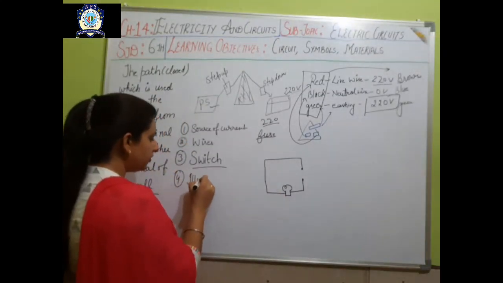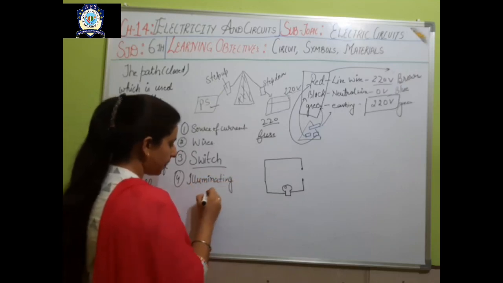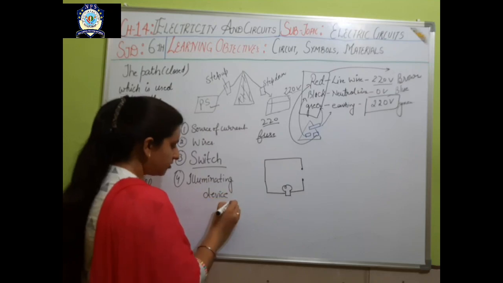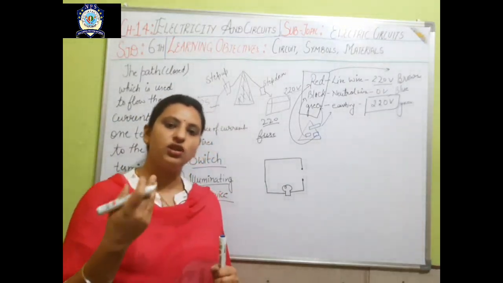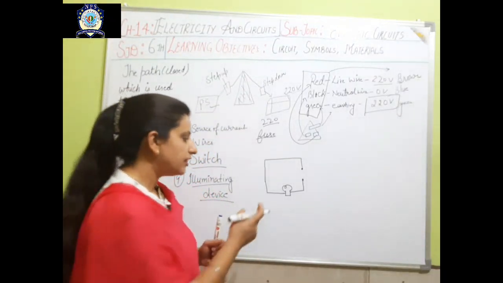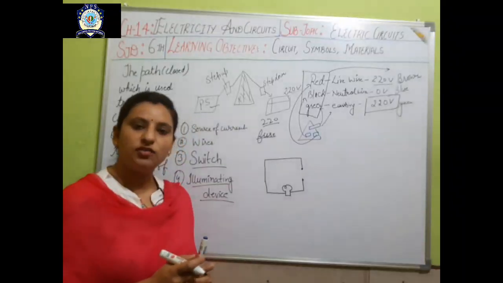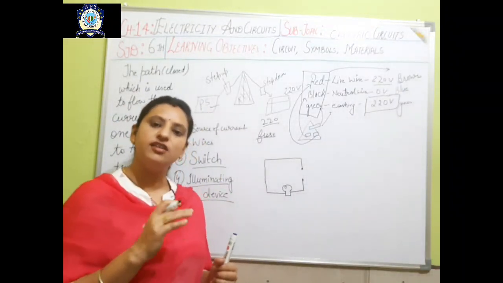This illuminating device is also very important. It converts the electrical energy into light energy, and when this happens, we know that the current is passing, or running in the circuit.